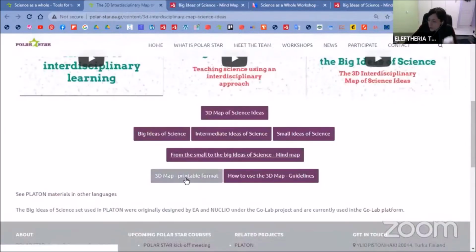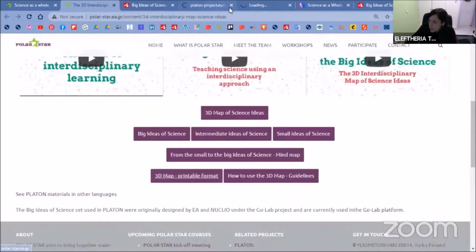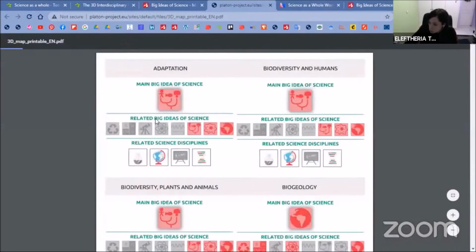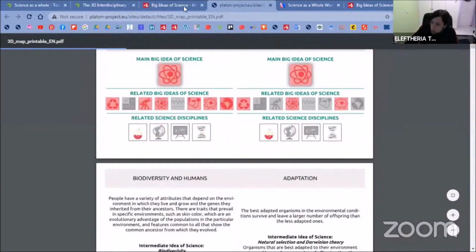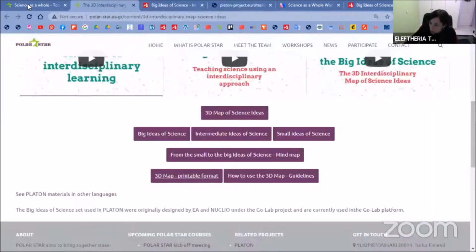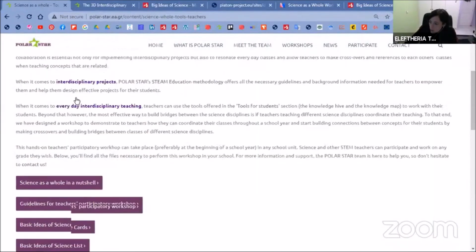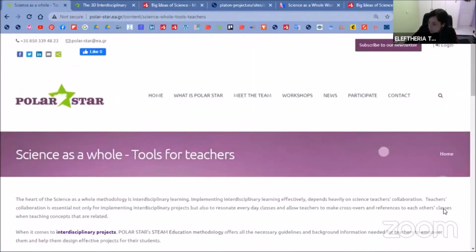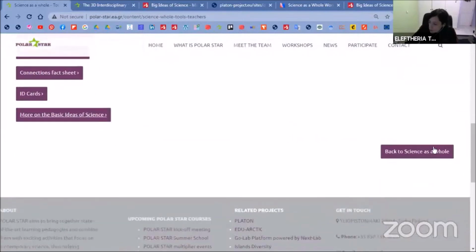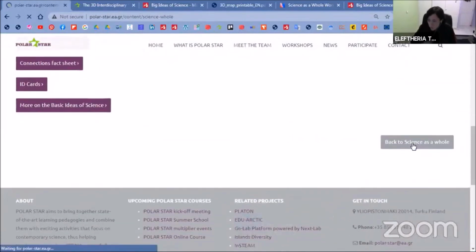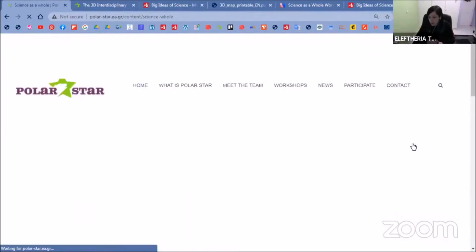You will also find the deck of basic ideas that I have here in my hands and that I also showed you, so you can download and print this as well. All the materials are on our website, accompanied by a video that summarizes our methodology and a more detailed description of the methodology. So all you need is here.